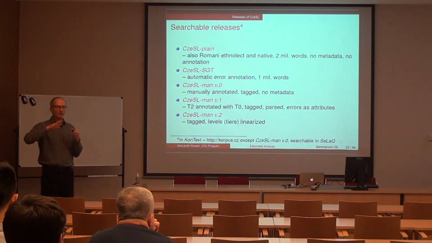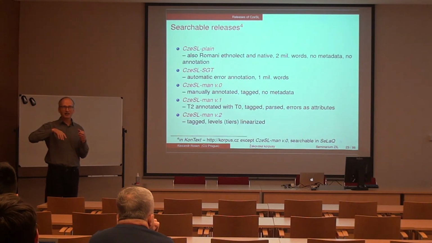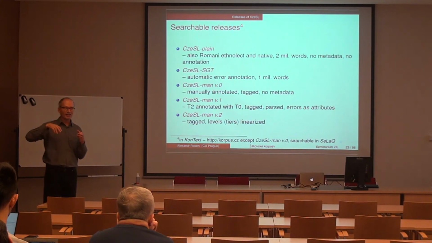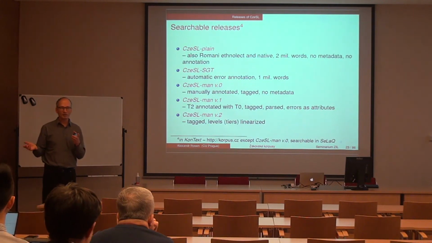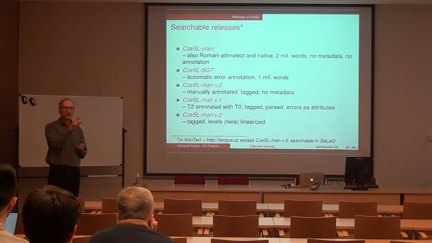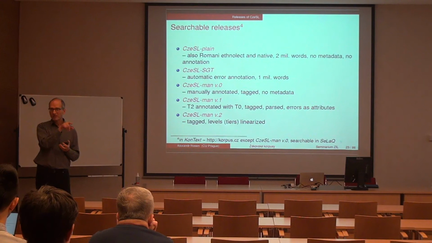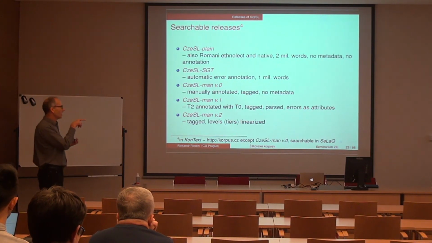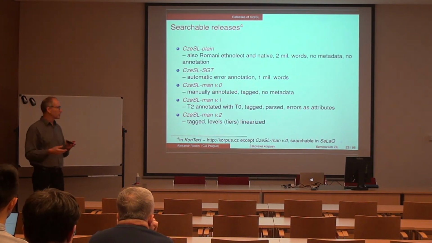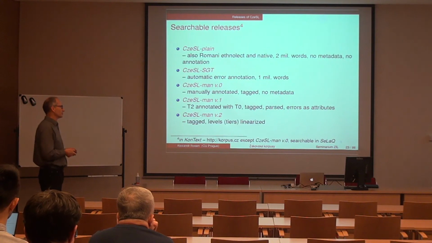Something that doesn't fit that, all these splittings, joinings, word order changes, they just get lost. You just have the indication that there was this kind of mistake in this text. And you can search in there nicely, and it works, but it has this problem.